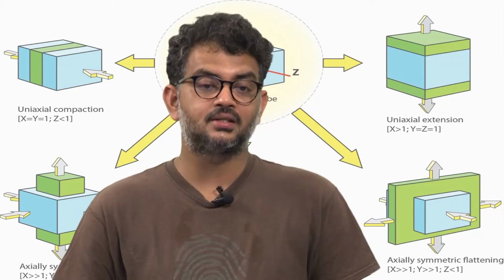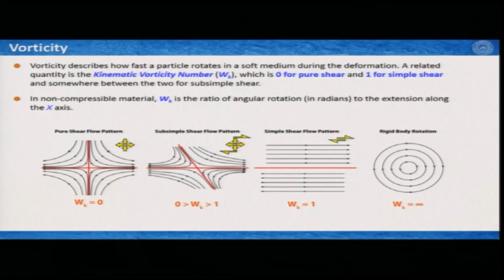Vorticity describes how fast a particle rotates in a soft medium during deformation, and there is a term which is known as kinematic vorticity number. In mathematical expressions it is expressed as Wk, and the kinematic vorticity number is assigned as 0 for pure shear and 1 for simple shear. So, whatever stays in between is a combination of pure shear and simple shear.